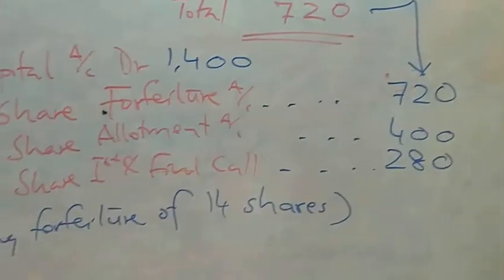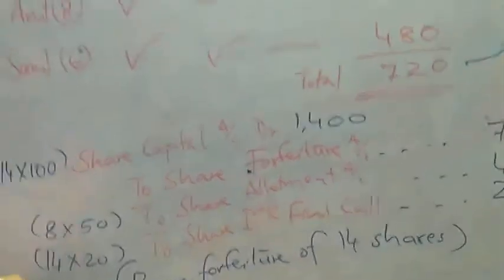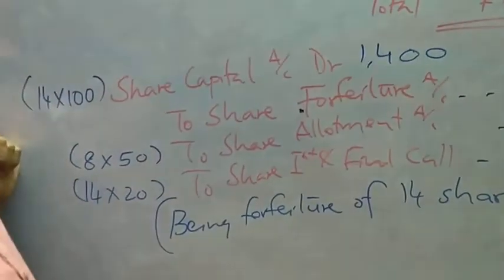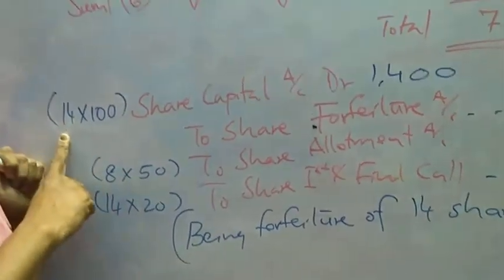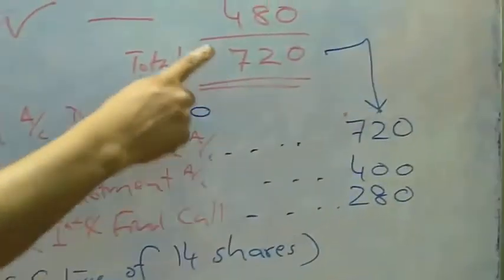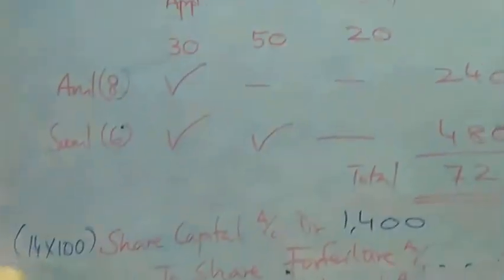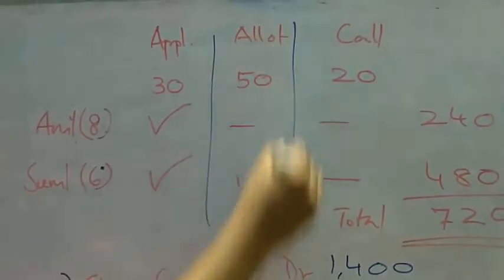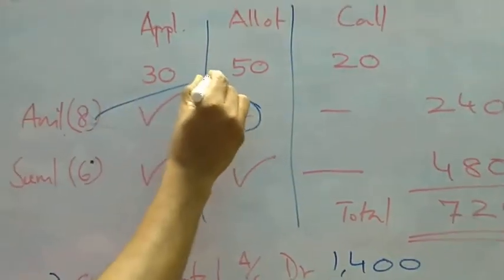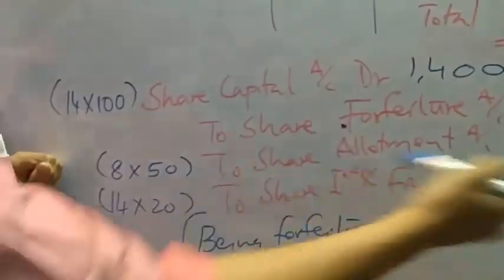This is the first entry for forfeiture. To repeat again, share capital account debit 1400, how you got it: 14 into 100. To share forfeiture account, the calculation is coming from here, 720. To share allotment, see the column: this person did not pay the money, that means 8 into 50, 400.